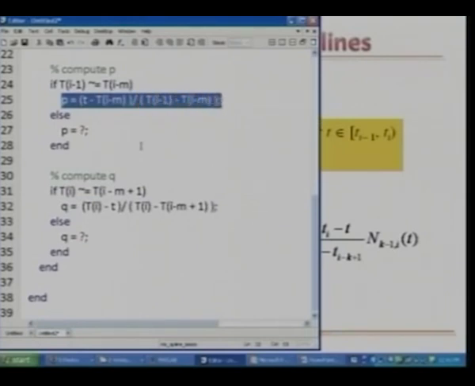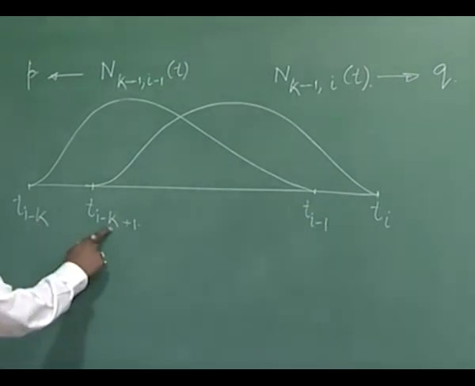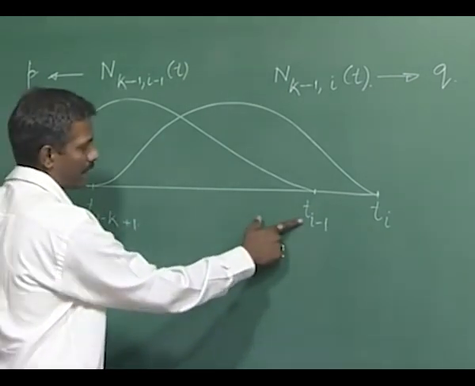In case of multiple knots, what would the value of p and q be? Let's work this thing out on the board. So we have the knots Ti minus k plus 1, Ti minus k plus 2, and so on, up till Ti minus 1 and Ti.